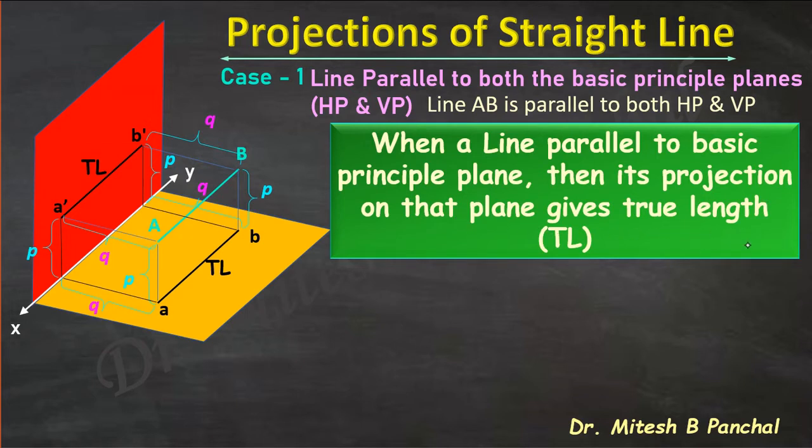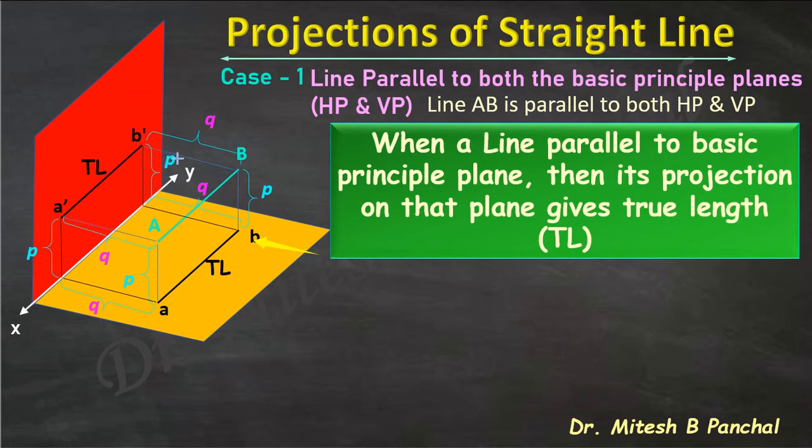This can be understood like this: when we are viewing the line from the front direction, in orthographic projections all the projectors are parallel to each other. Consider the projector from point A, which passes through point A, and on VP it will give you the front view of point A, and the projector from point B, on VP it will give you the front view of point B.